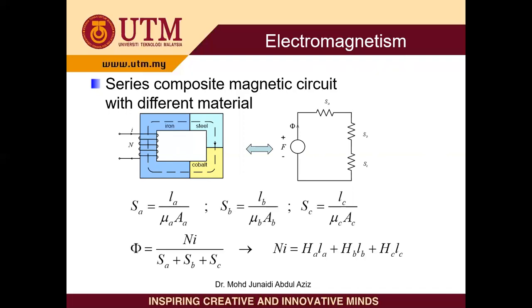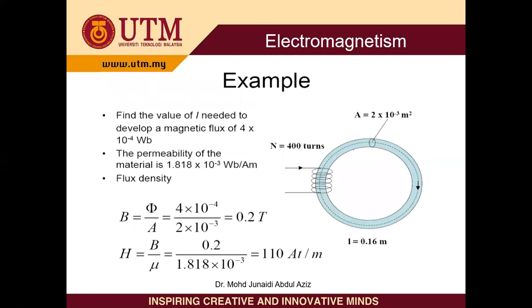The same thing can be done, so you can write down the equation of this KVL as this one. In other words, you can also write Ni is equal to the flux SA plus SB plus flux SC. Okay, same. So this is an example.